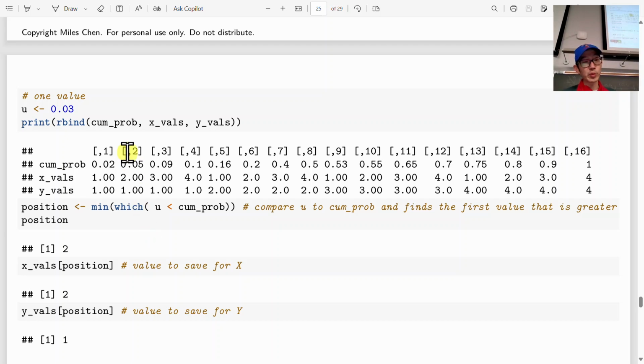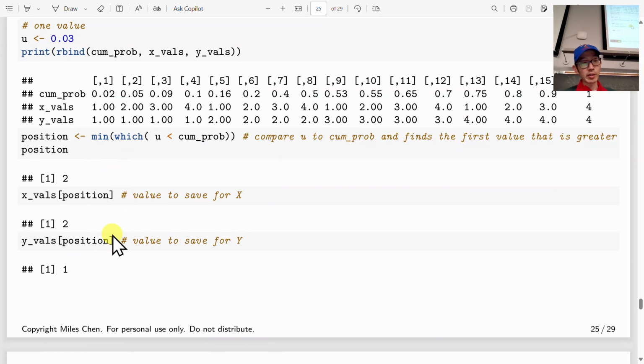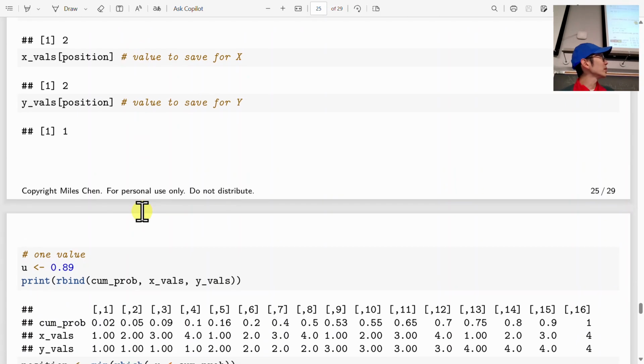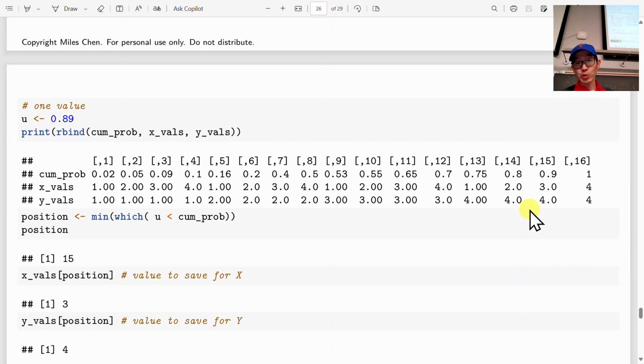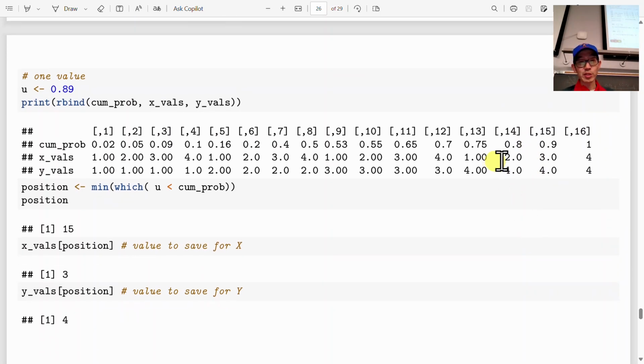That's the second one, 0.05, and I get the x and y that correspond to that second column. Here is 0.89. Which one's the smallest value greater than 0.89? That would be 0.9, and that would correspond to 3 and 4. You can see how this corresponds to the process that we want.